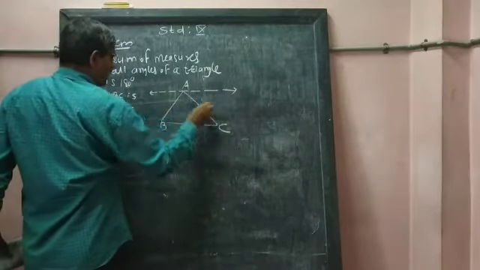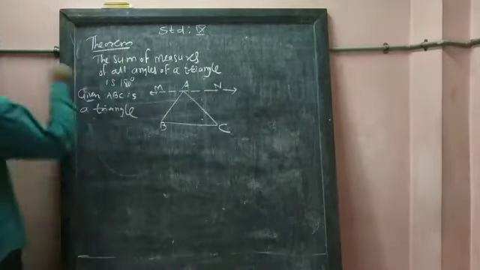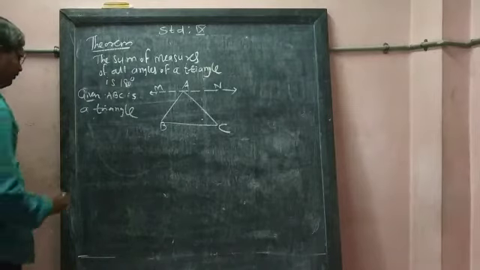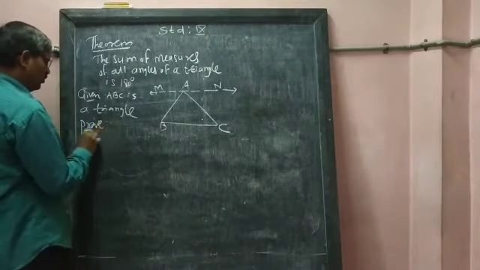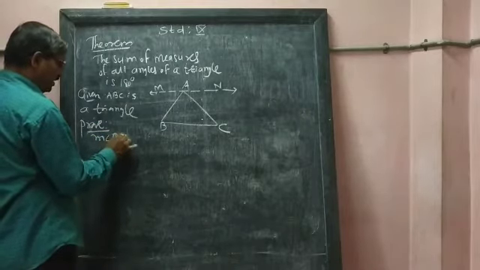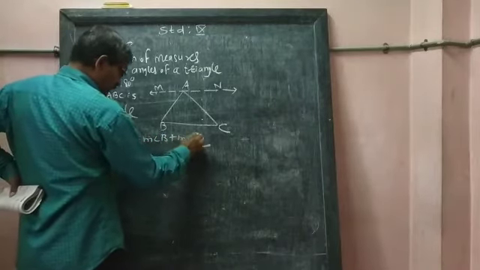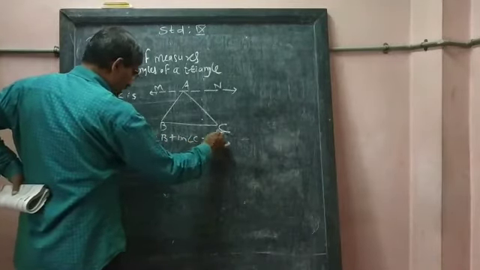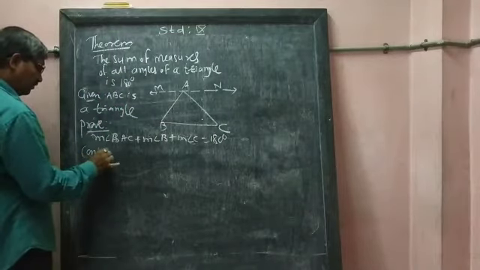You may write here M and N. Then prove. What will you prove? Measure of angle A, means BAC, plus measure of angle B plus measure of angle C is equal to 180 degrees. That is your proof. Then construction.